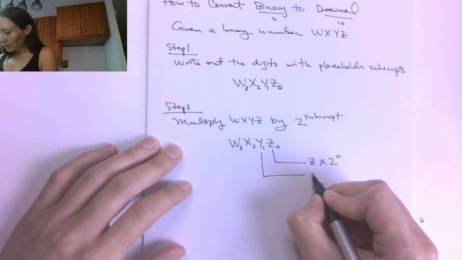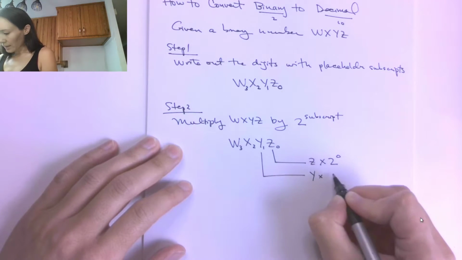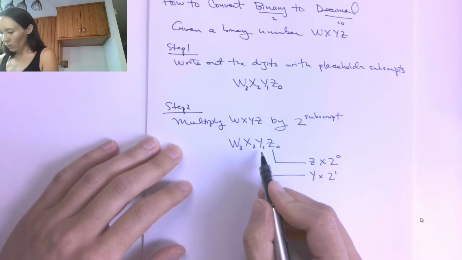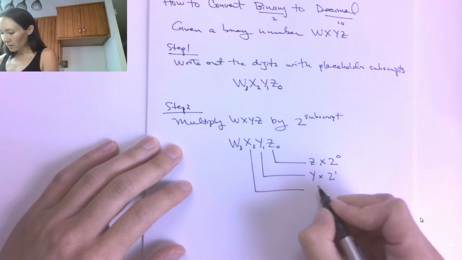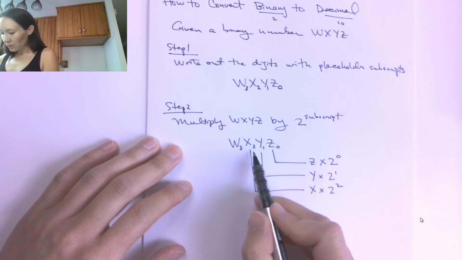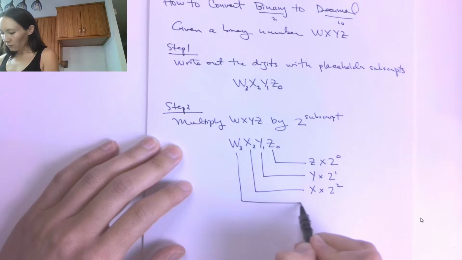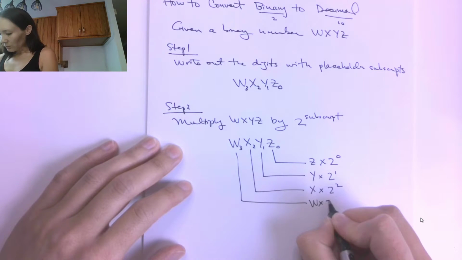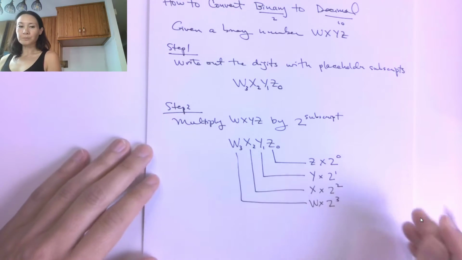And then the next one is Y. Y times 2 to the first because 1 is the subscript on Y. Then we do X times 2 to the second because 2 is the subscript on X. And then finally, W gets multiplied by 2 to the third.